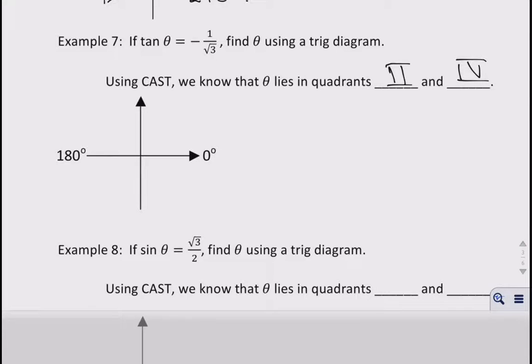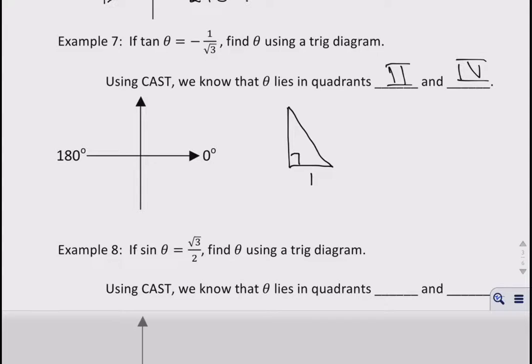So let me draw that over here. There's my 30, there's my 60, and my 90. I know that I'm going to be in quadrant number 2. Let's take 2 first. And I know that my 1 value is going to be negative 1. So 1 is over here, and I know it's going to be negative.